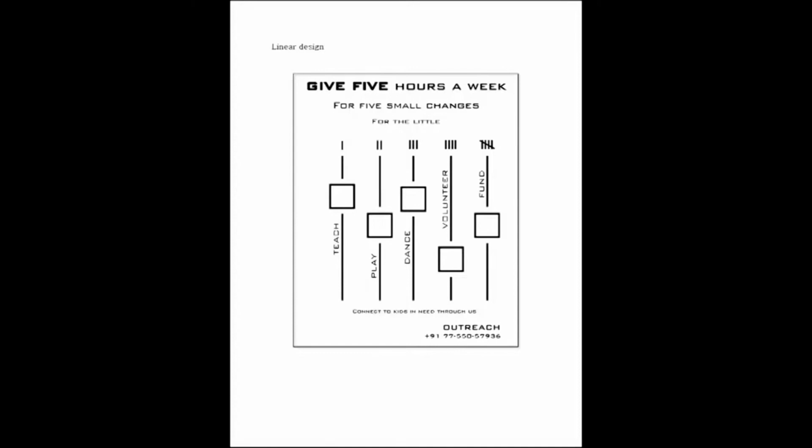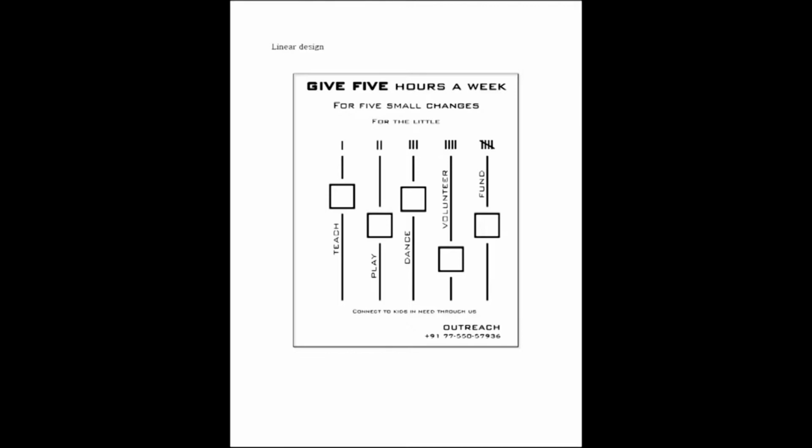Okay, so this is another solution for the same problem, where I have used the linear design. Again, at the top you have the title, and it also says 5 hours a week. So it is pretty clear right from the top, and they're just simple lines. They look just like printing.